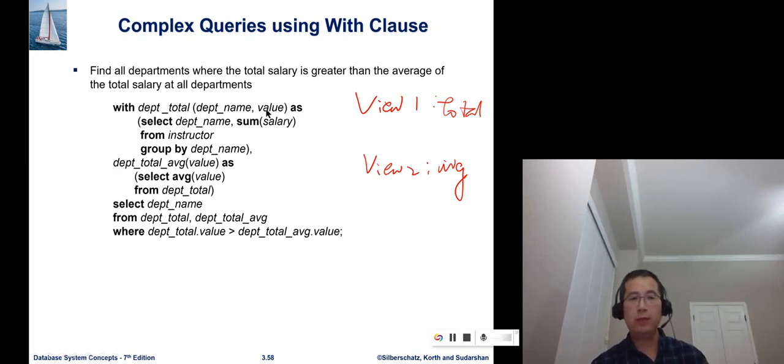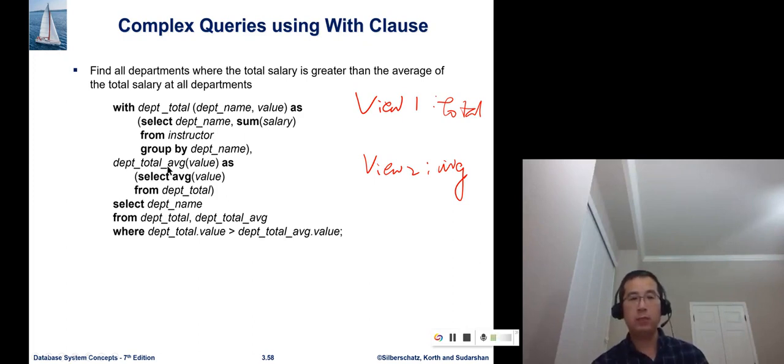You need to get a value because you will compare with this scalar, which is only one value. Even if it is one value, you need to refer to a table, so you give it a name.